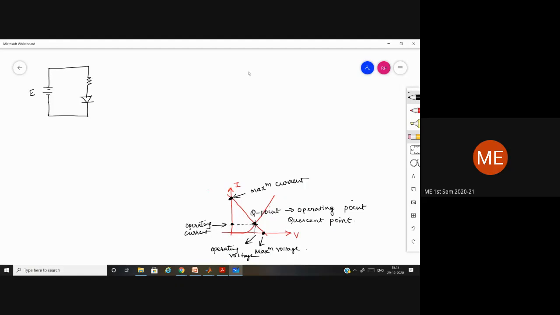This is the battery. Let us take this as 5 volt, a resistor which is having 100 ohm, and this is the forward voltage drop of the diode.